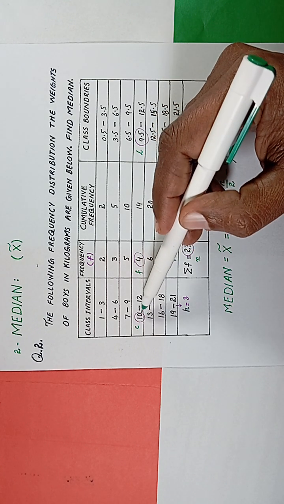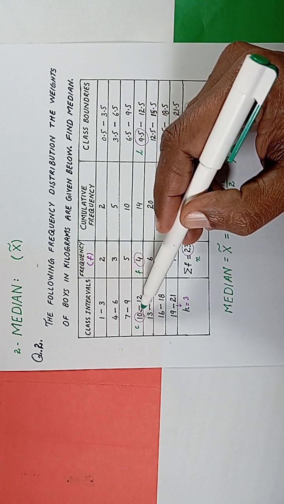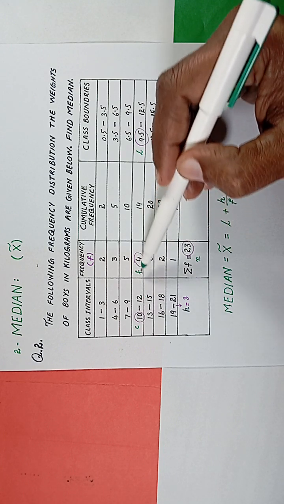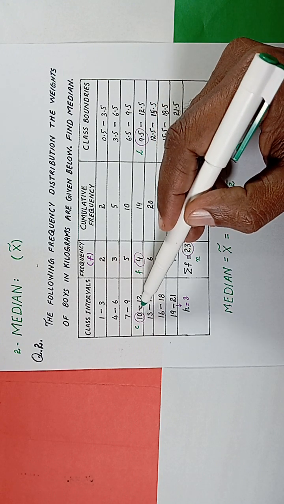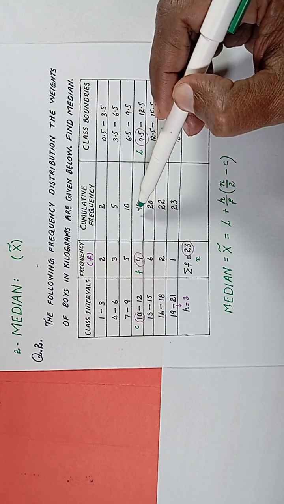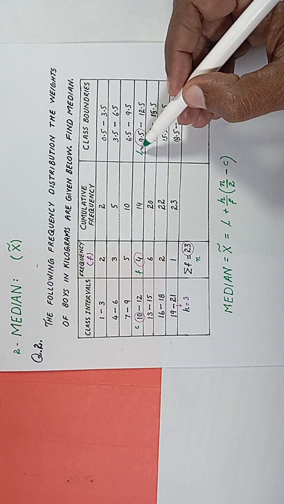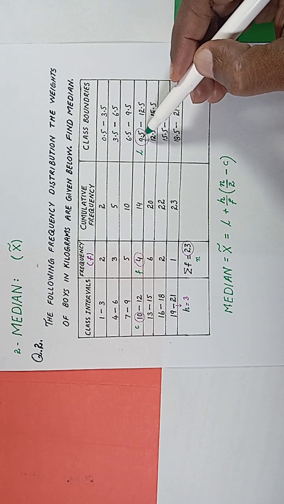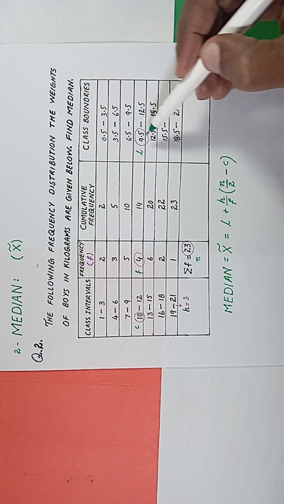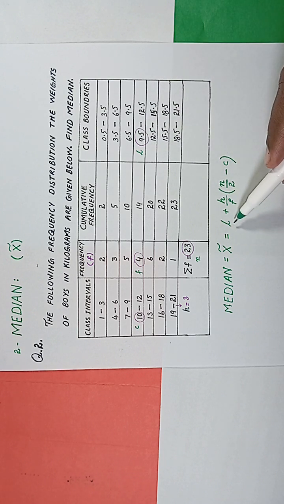So the middlemost class interval is the median class interval, and the median lies in this class. So L is the lower class boundary of the median class, which is 9.5. So L will be 9.5.